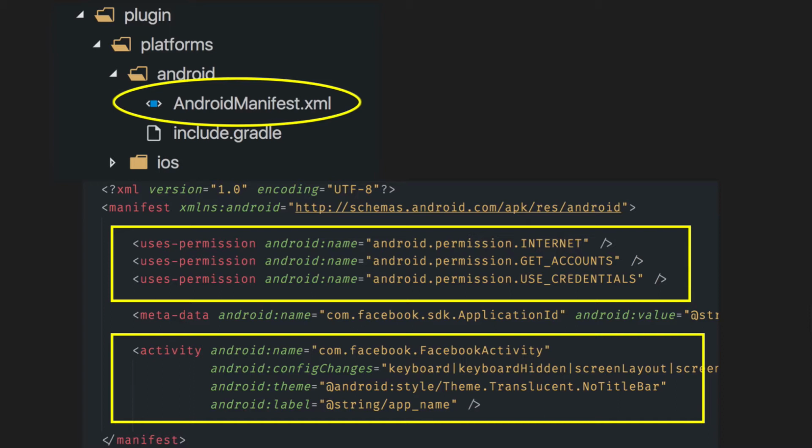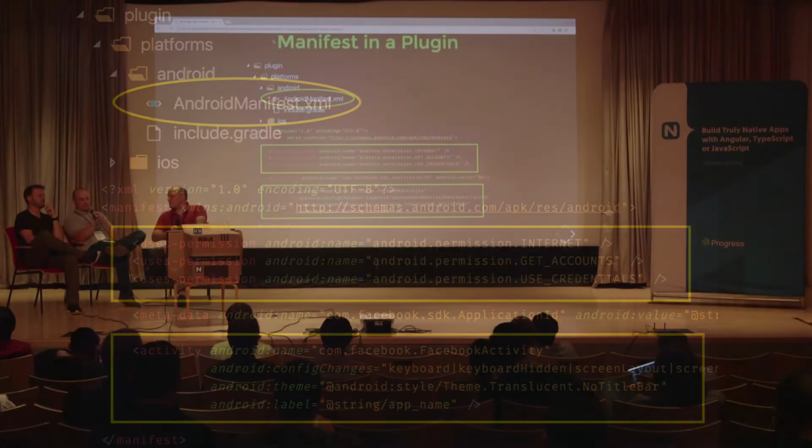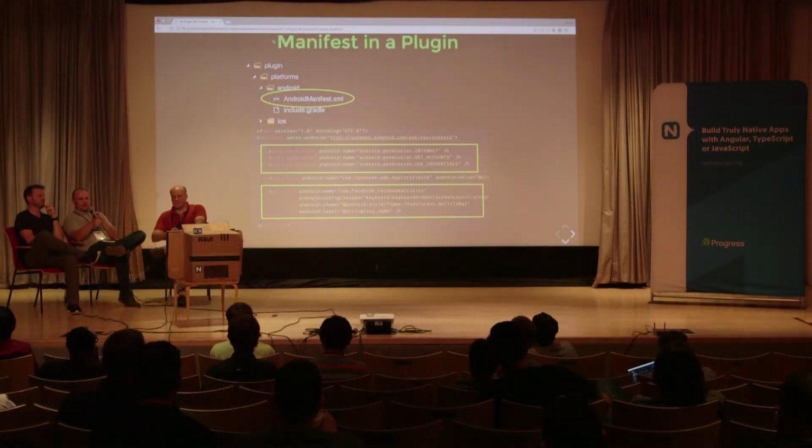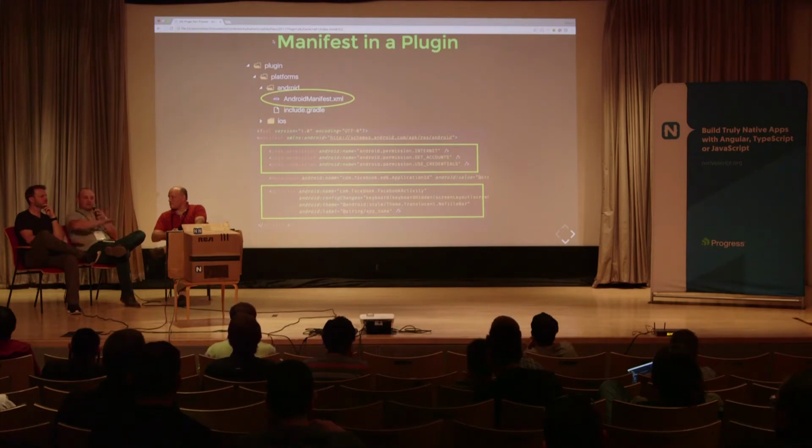It is the Facebook activity, which basically is the login activity from the Facebook SDK, again, for Android. So I've specified that here in this plugin, in the manifest. And so when this runs in the demo app for your plugin, the CLI is going to create the plugin, and it's going to merge this manifest with the actual manifest in your application. Does that make sense? It does.